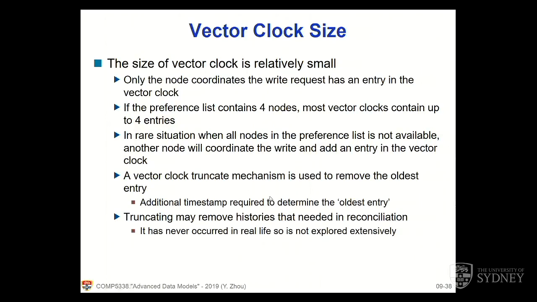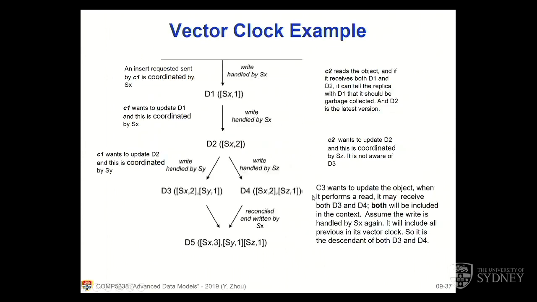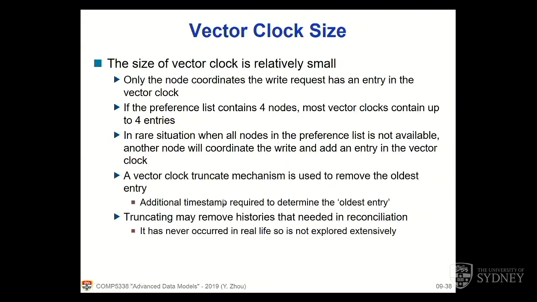So it does have a truncate mechanism to remove the oldest entry, which you think might no longer be used. We need an additional timestamp here to determine which is the oldest entry, because you don't really know whether SZ is oldest or SY is oldest, so they add some timestamp there.